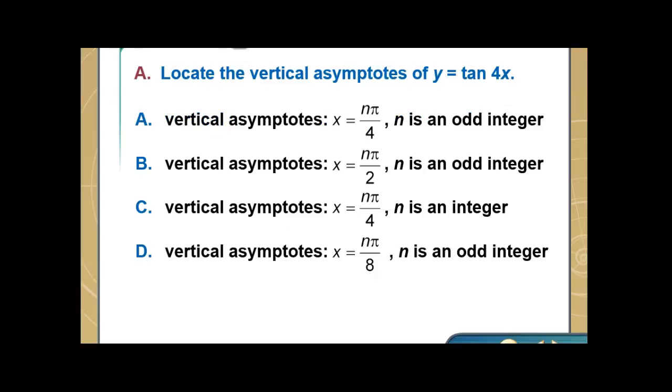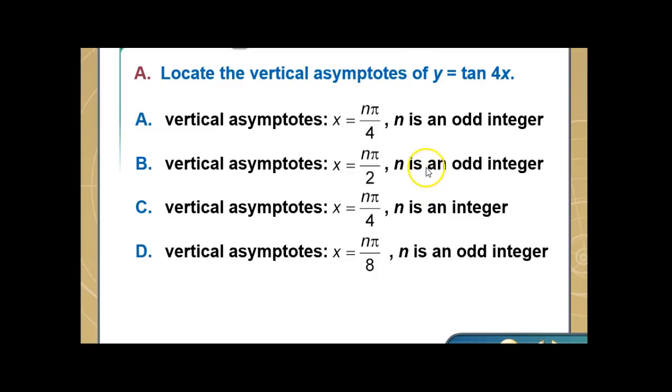So see if you can predict where the vertical asymptotes of y equals tangent of 4x would be. Notice that now they're giving you the general case here. All they're doing is what we did earlier, but they're multiplying what we got times n. So if we really wanted to, we could have said our vertical asymptotes were at 3 pi times n over 2.